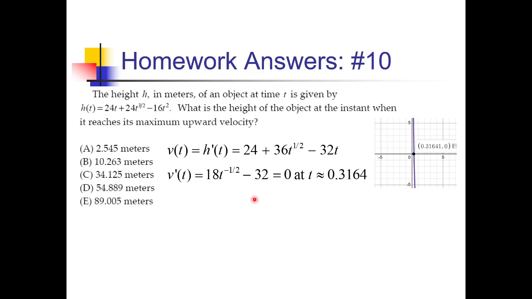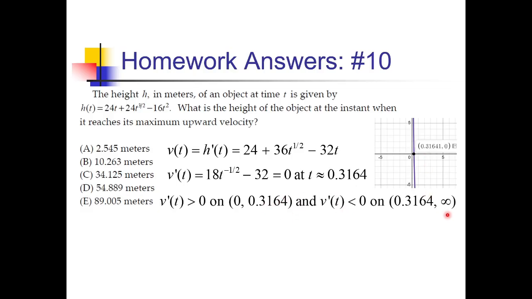Now, in order to show that this is the maximum velocity happening at this time, I can't really do the candidates test because this is an open interval, but what I can do is say that v prime of t is positive from 0 to this 0.316, and v prime is negative from this spot onwards to infinity. That means that v itself is increasing until I get here and decreasing forever after, meaning this has to be the maximum possible velocity right here.